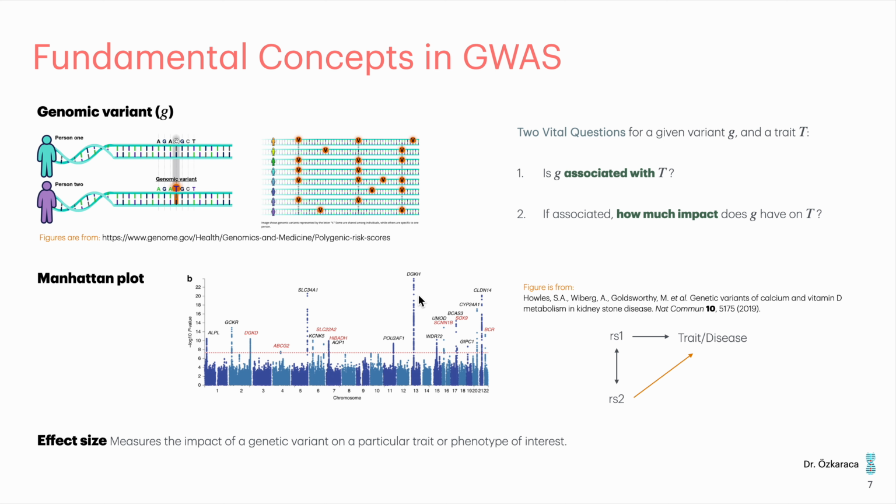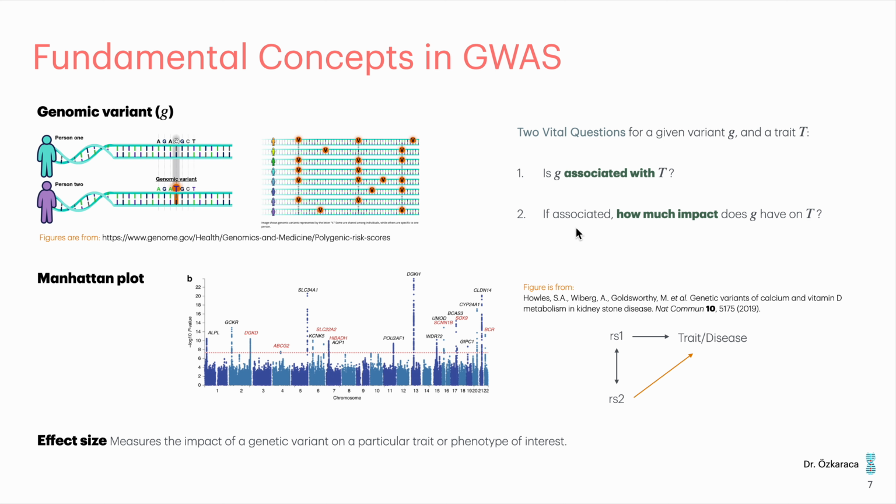The reason why we see these peaks is that if a variant is associated with a trait, and another variant is highly correlated with the original variant, then this new variant is also indirectly associated with the trait. Because variants that are close to each other are often highly correlated with each other, most of the time we see peaks as such.